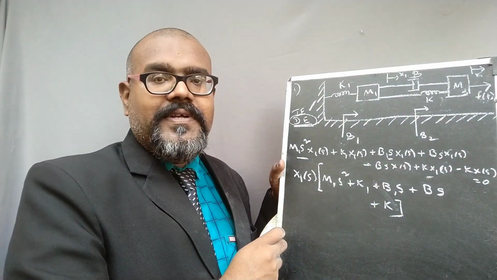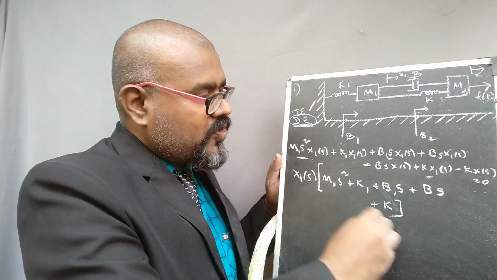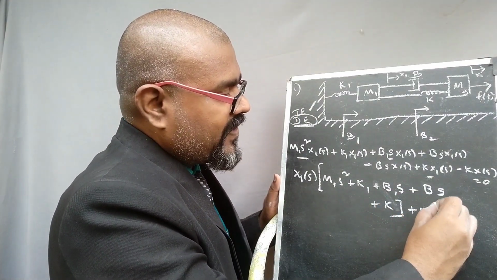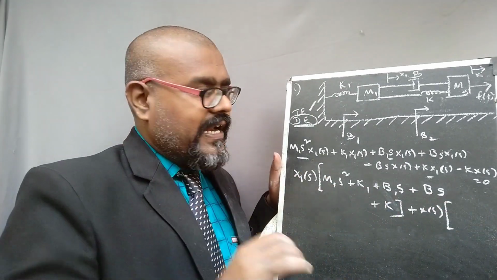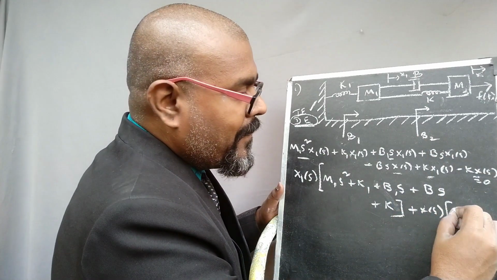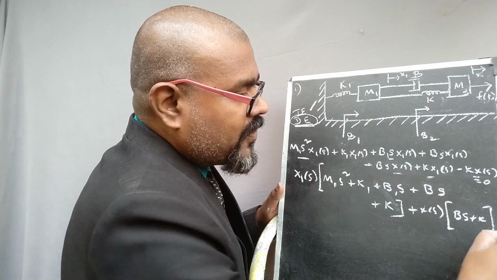Apart from X1 of S, X of S is also common in two terms, so we need to take X of S common here. If you take X of S common, then the two elements under X of S are B and K, so we take BS plus K is equal to 0.